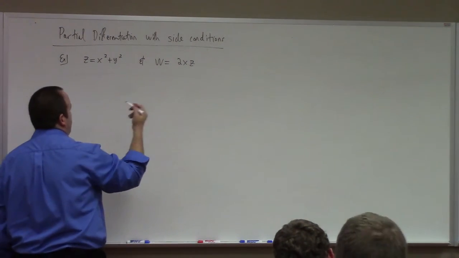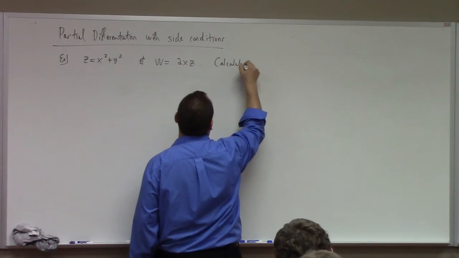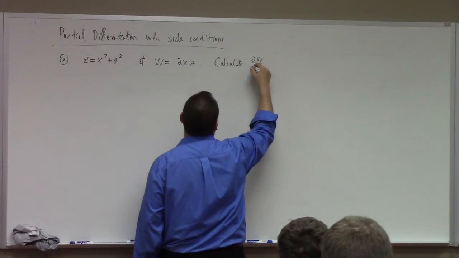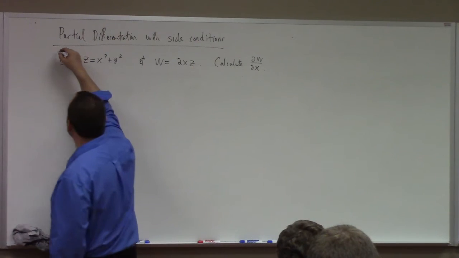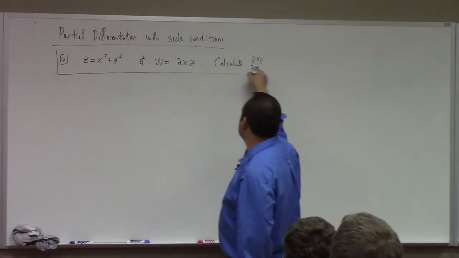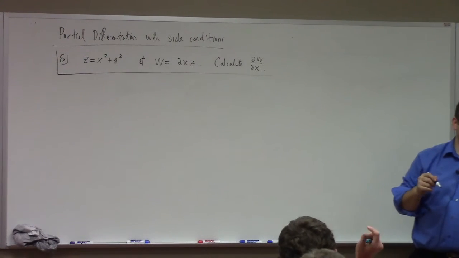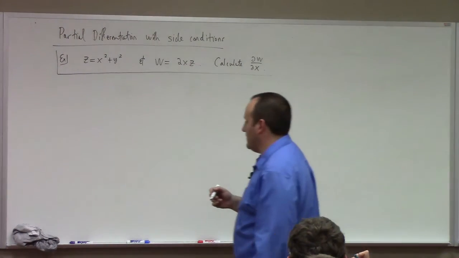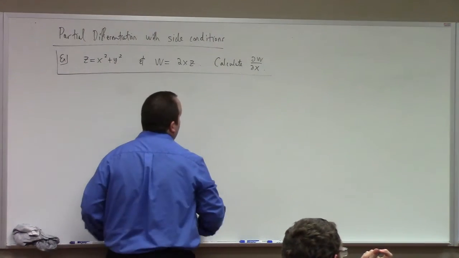And then the question might be, calculate partial w, partial x. I'm being deliberately ambiguous here to start with, but let me just do it. So how would you do that?